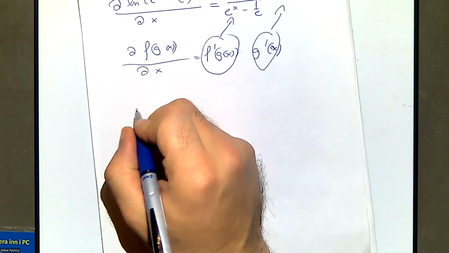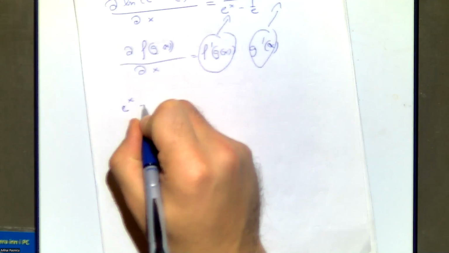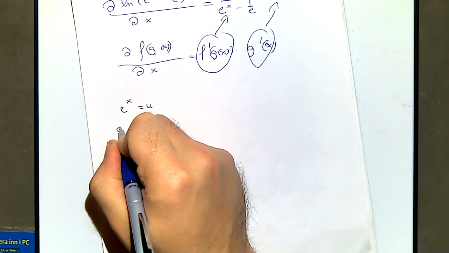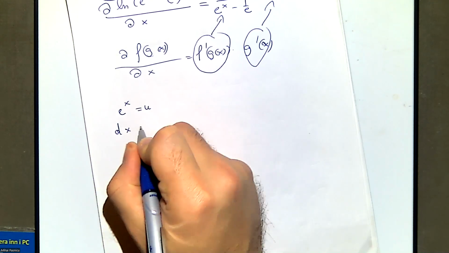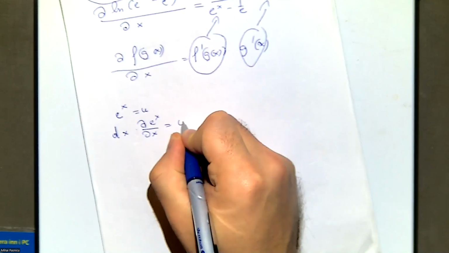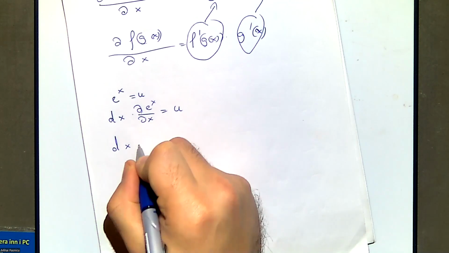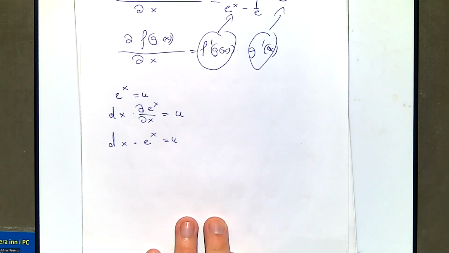You just do e^x is equal to u. And then you have dx times the derivative of e^x is equal to du, so dx times e^x is equal to du. This is the substitution method.